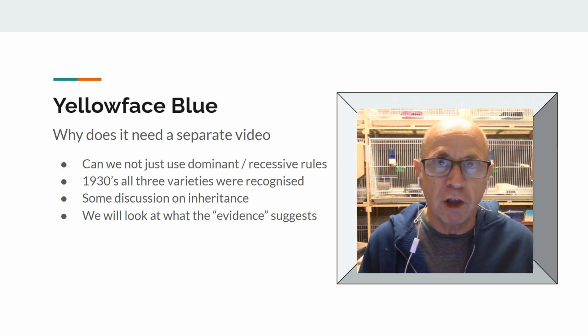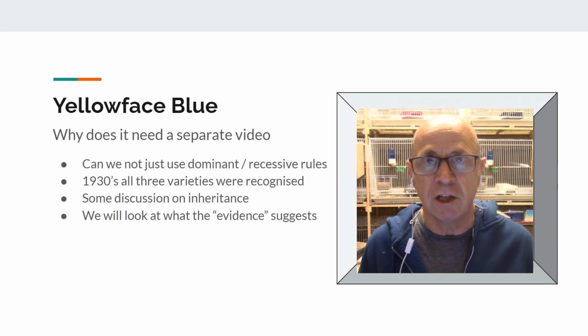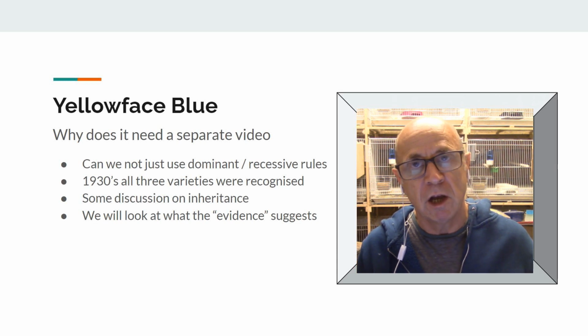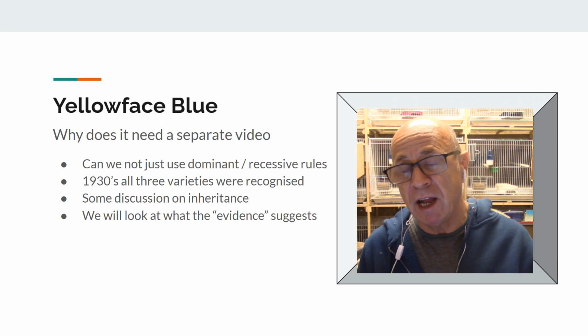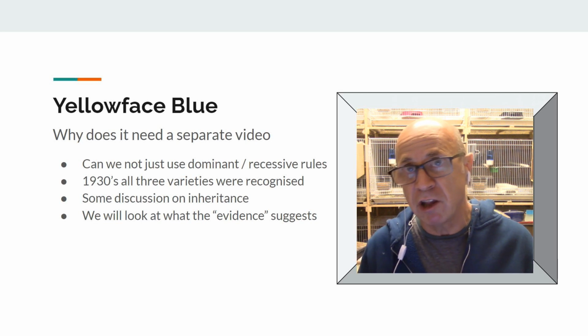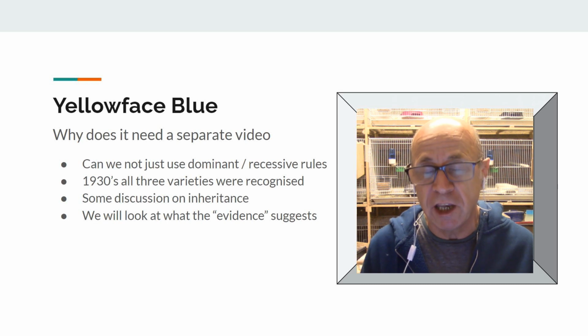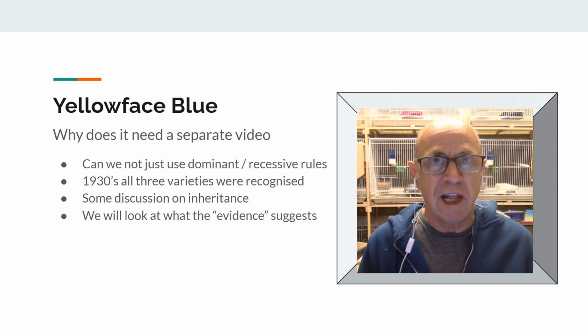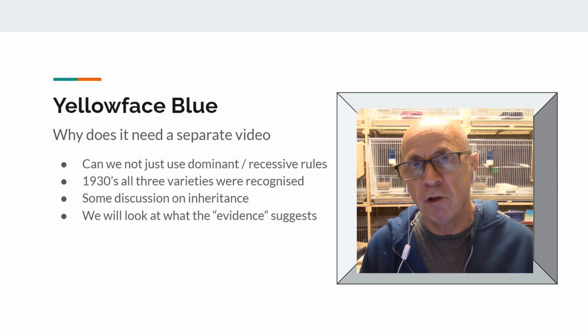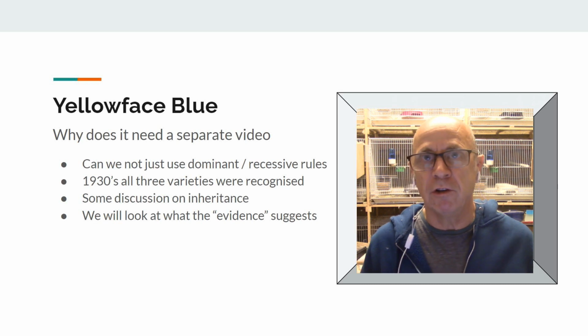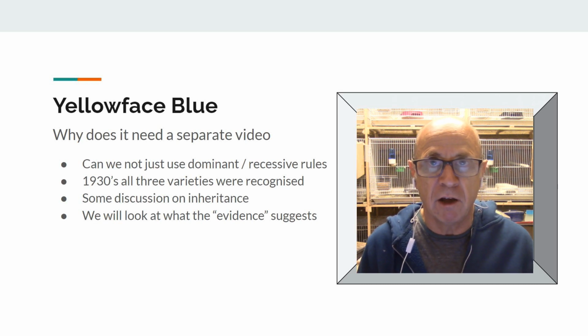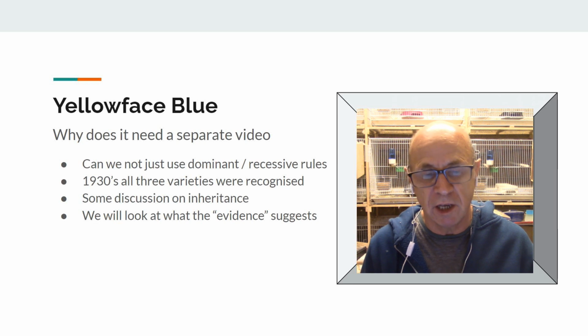Also, along with some of those early breeding findings around the Yellowface, discussion in various areas about what had produced the Yellowface varieties led to, I suppose, some disagreement in the way that the Yellowface variety is controlled.